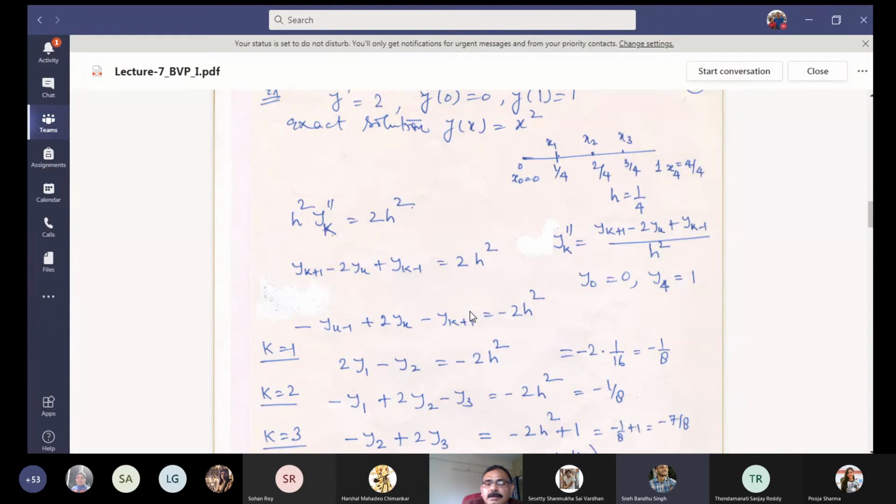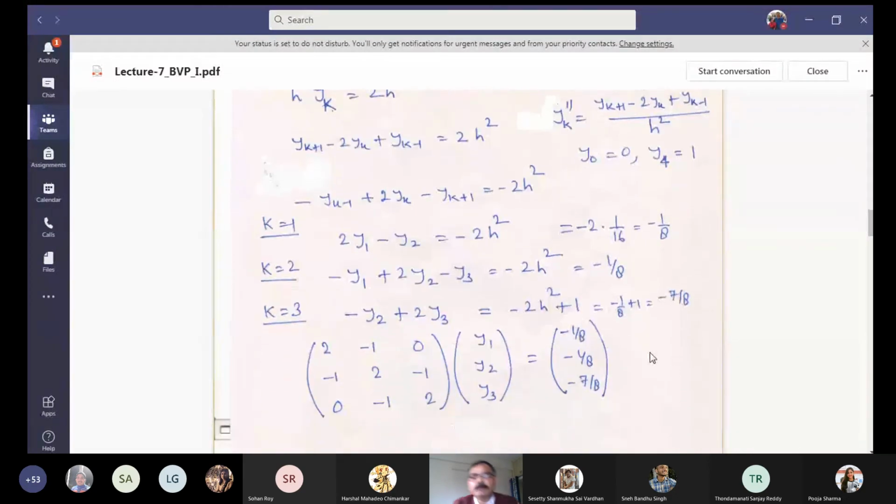K equal to 3, y4. What is y4? Y4 is 1, because it is x4, that is at 1. So y4 is 1. Put that value and simplify. So the third equation becomes minus y2 plus 2y3 equals minus 7 by 8.